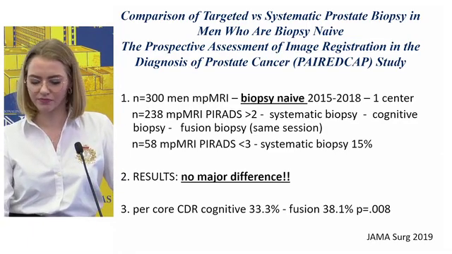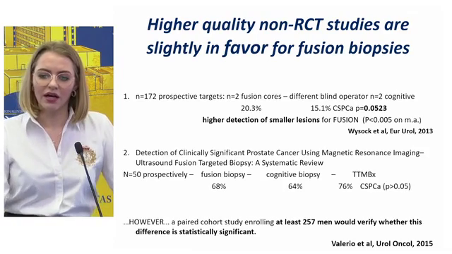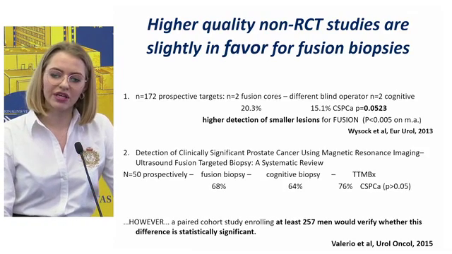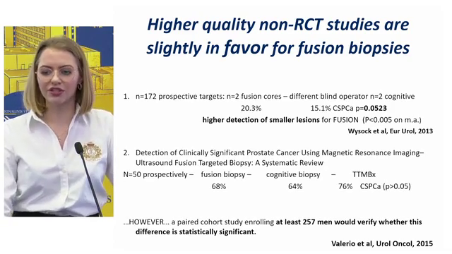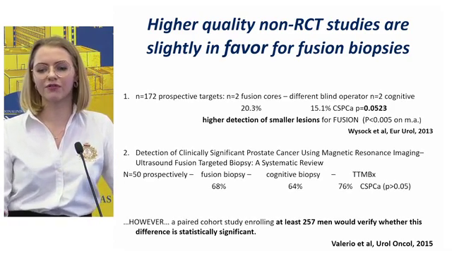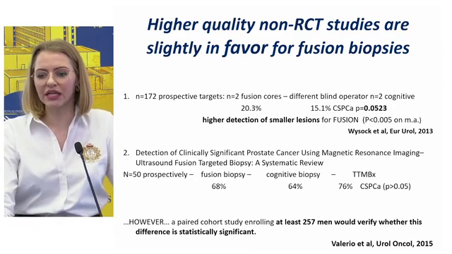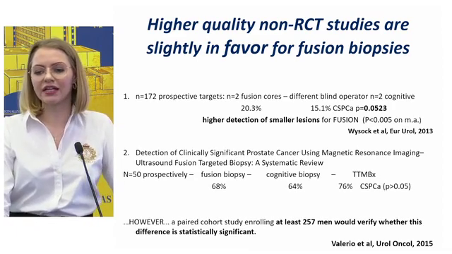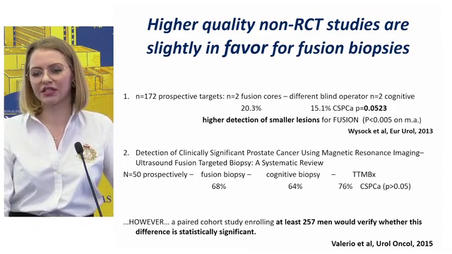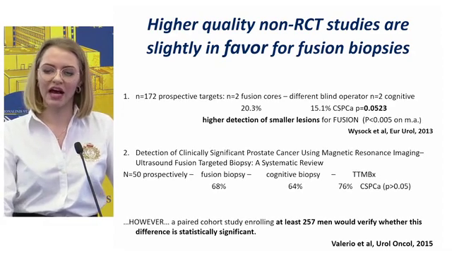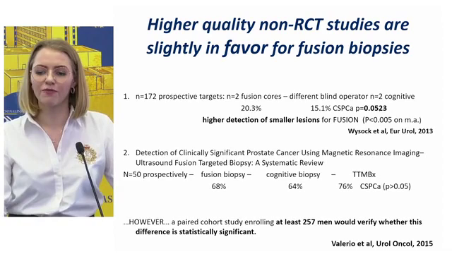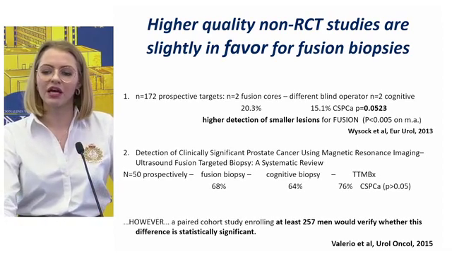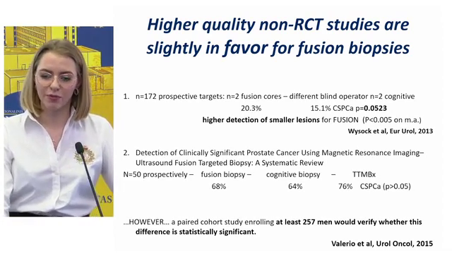Randomized controlled studies found higher detection of smaller lesions using the fusion technique, and detection of clinically significant prostate cancer was slightly higher in fusion biopsy, 68%, versus 64% for cognitive biopsy.